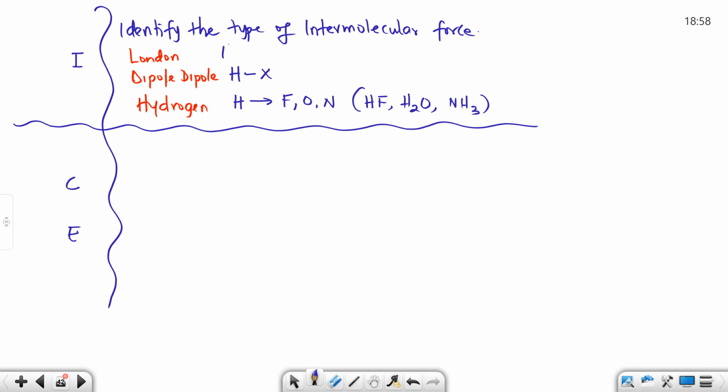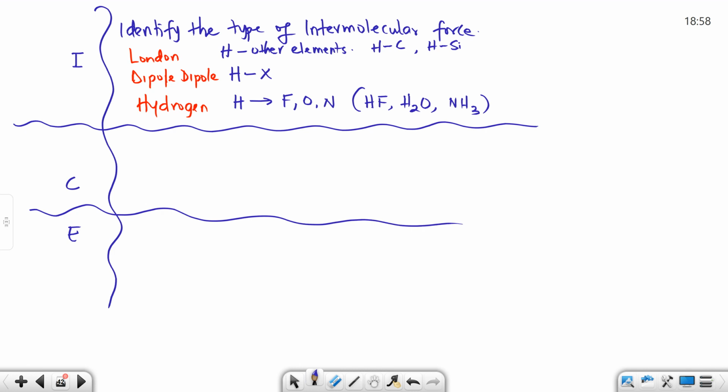London, hydrogen and other compounds, other elements. Okay, so these are basic, this is just a summary. There could be more. For example, hydrogen and carbon. You see? Hydrogen and carbon. Hydrogen and silicon. All right? All of those are just London.